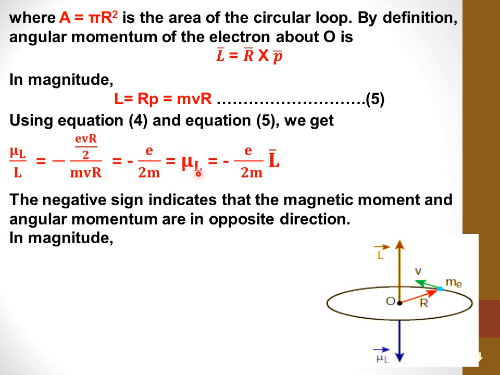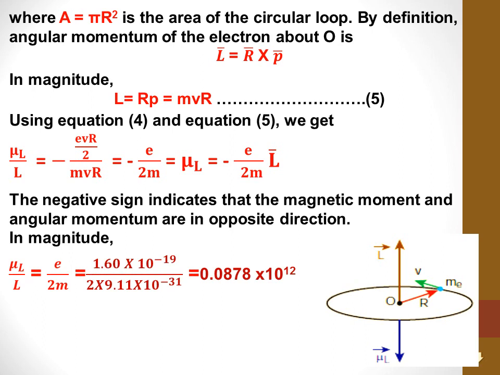Therefore, taking this L to the right hand side, mu L equals minus e by 2m into L vector. This negative sign indicates that the magnetic moment and the angular momentum are opposite in direction. So in magnitude, mu L by L equals e by 2m.